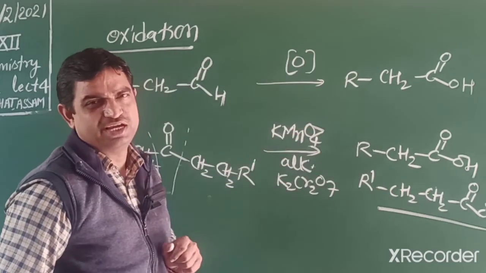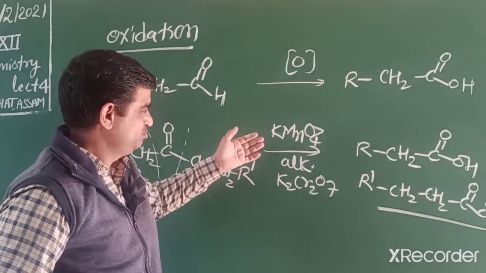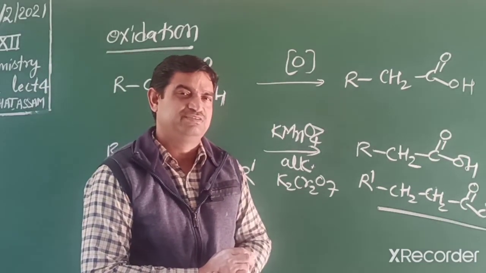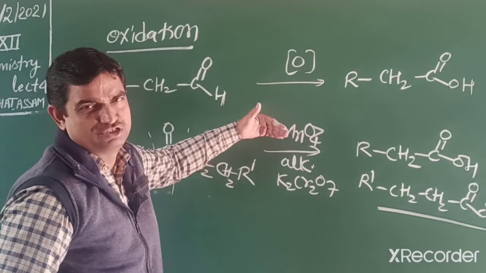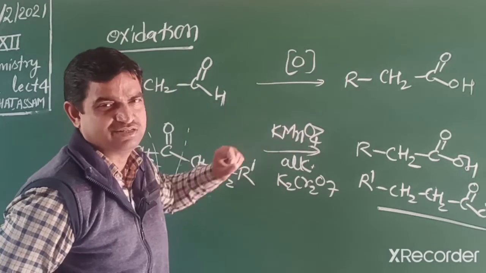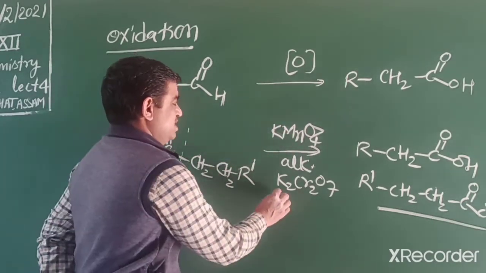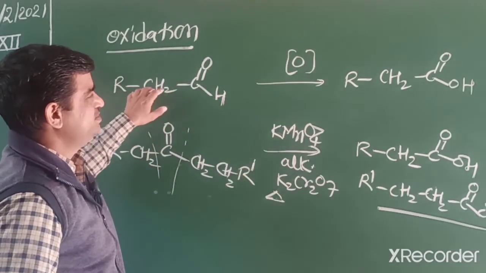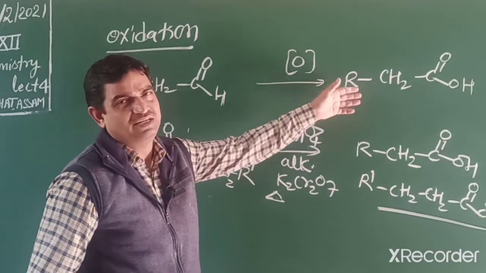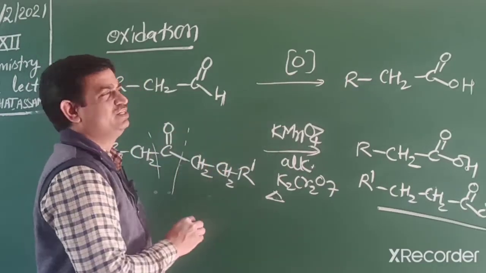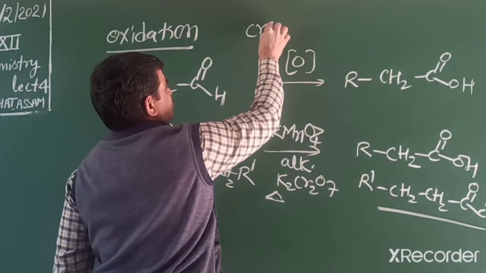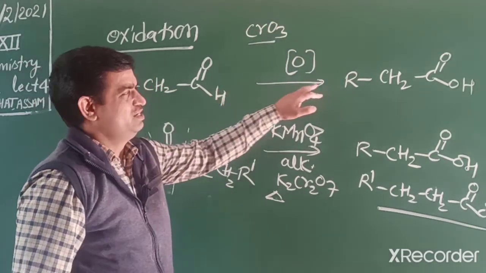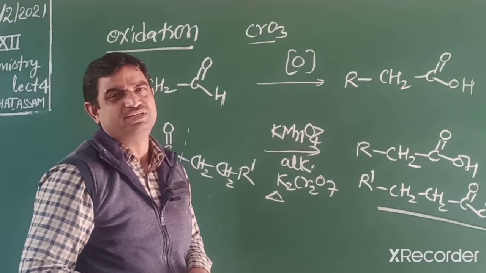Ketones do not oxidize easily with a milder, weak oxidizing agent. They oxidize only with a strong oxidizing agent under drastic conditions and elevated temperature. But aldehydes oxidize easily, even with a weak reagent, chromium trioxide also. So aldehydes convert to carboxylic acid using a weak reagent.